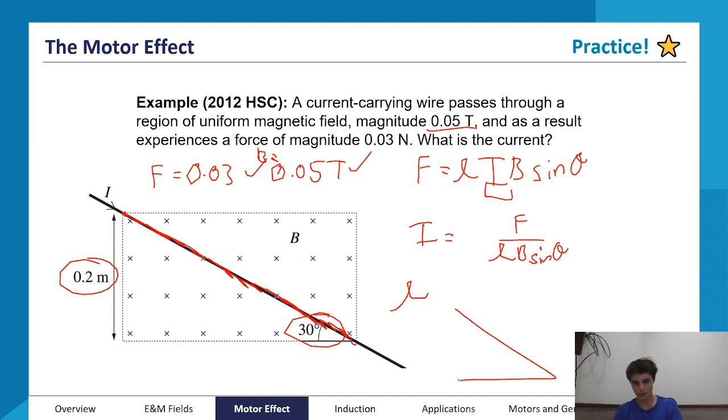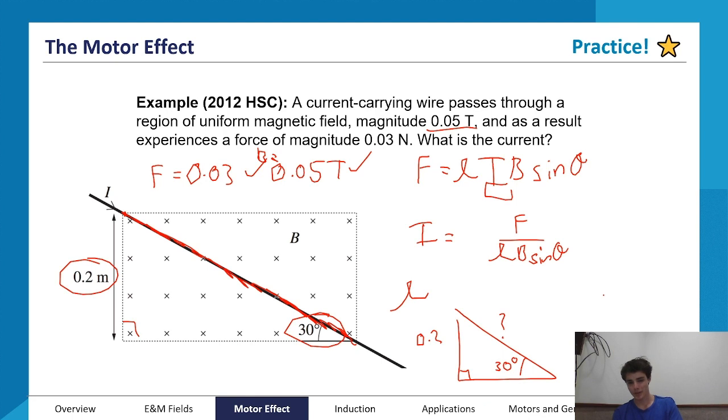We can draw a little triangle where this side is 0.2, this little angle is 30 degrees, and we are looking for the length of this third side over here. So we can do this using a little bit of cheeky trigonometry. Even though they haven't drawn that out as a right angle, we can probably assume just looking at it, it's basically a right angle. And so we can figure out this third side length using our lovely trigonometry.